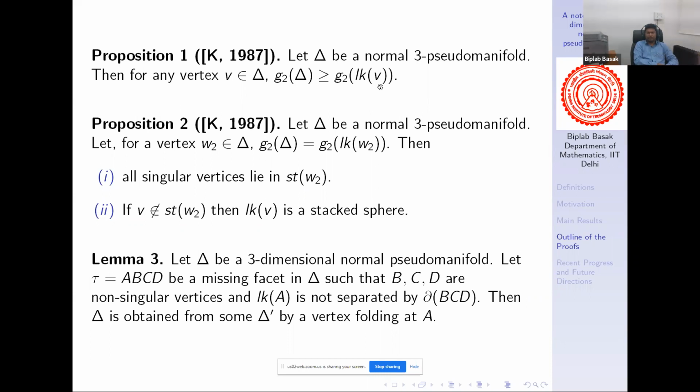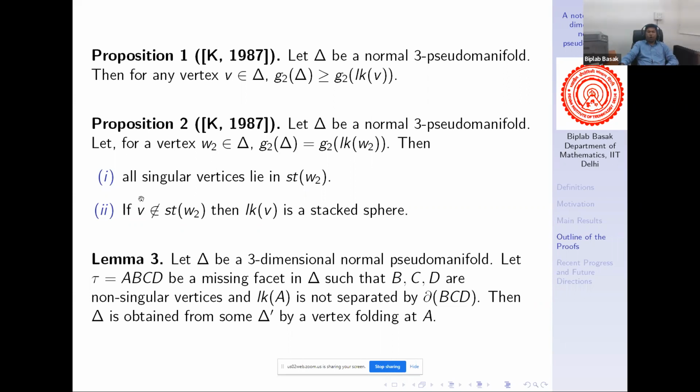That was known. And it was also known from Kalai's work that if delta is relatively minimal, that means there is a vertex w such that G2 of delta is the same as G2 of the link of w, then it must satisfy these two properties.